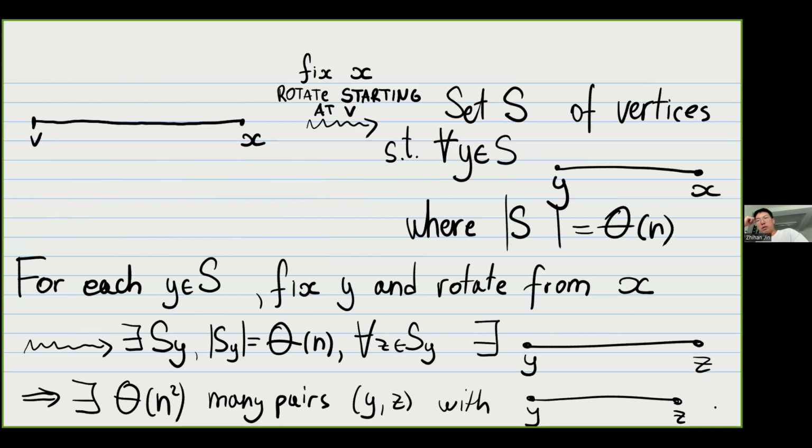Is this the obstacle, if you just do the procedure as I described here? Yes. So you'll get a large set S, and each of these vertices in S has its own set S_y. It's not really a product structure.